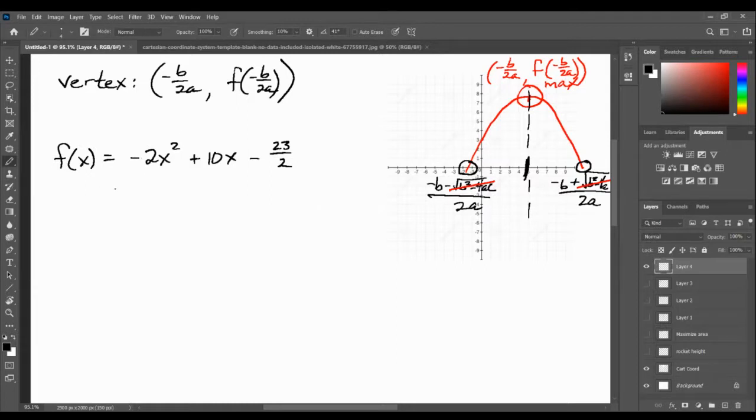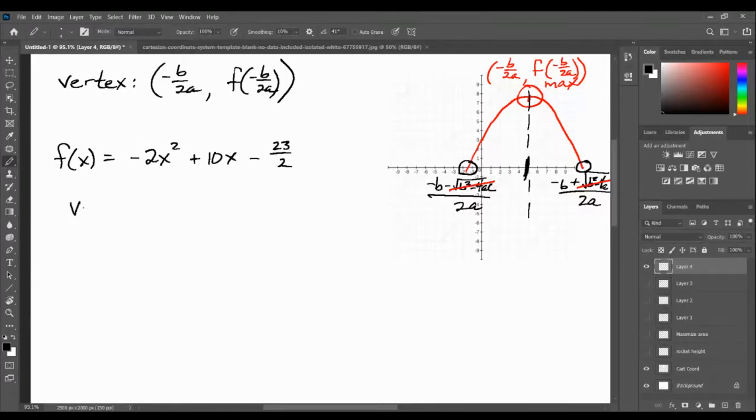I'd have to factor out the negative 2, leave some space. I mean, I've got this fraction, negative 5 divided by 2 squared. I'd be adding 25 over 4, but really that's times negative 2. So you can see this is getting ugly pretty darn fast. So I don't want to do that because all I need is the vertex.